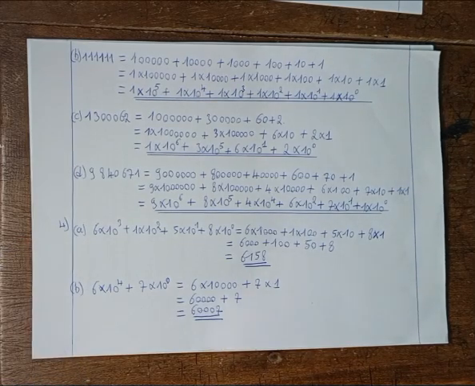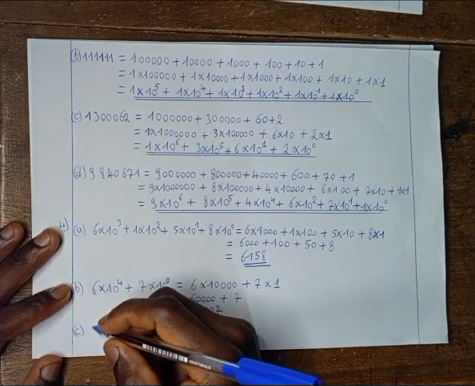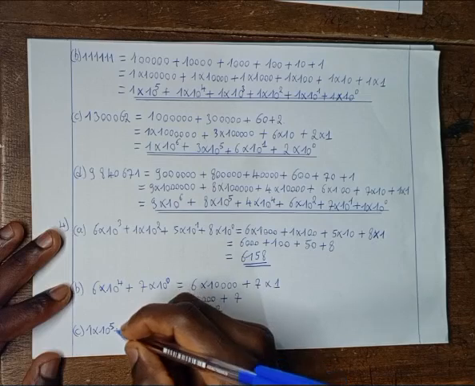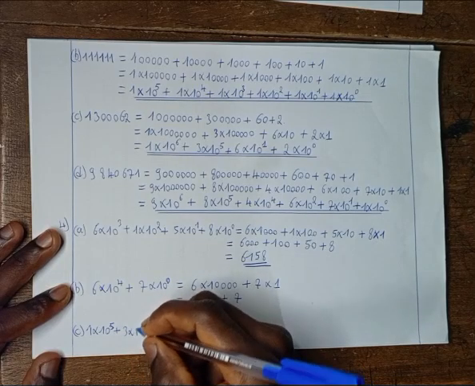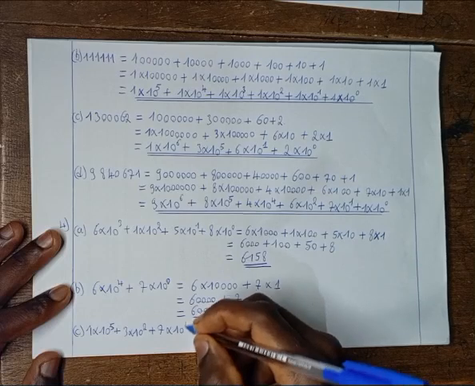Next, we go now to question C. Question C, we have the numbers 1 times 10 to the power 5 plus 3 times 10 to the power 2 plus 7 times 10 to the power 1.